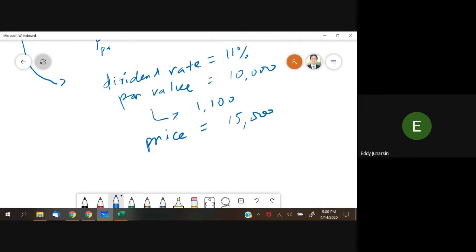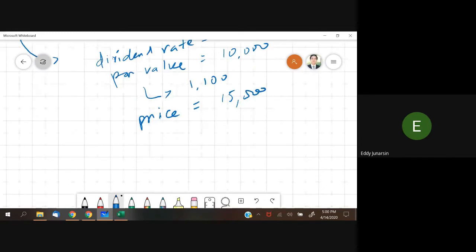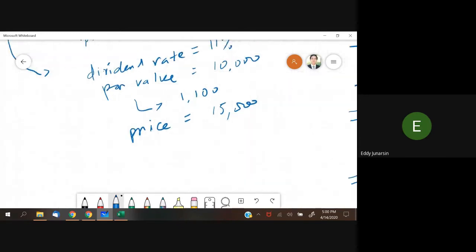Okay, so if this is the case, then you can estimate the cost of preferred stock would be the constant dividend 1100 divided by 15,000. You get certain number, right?